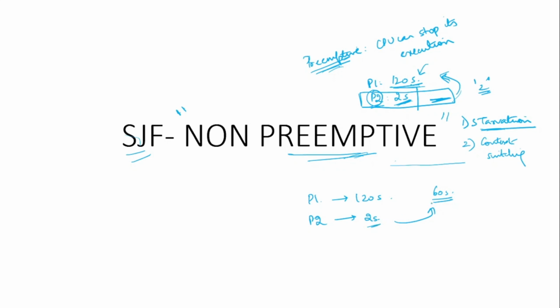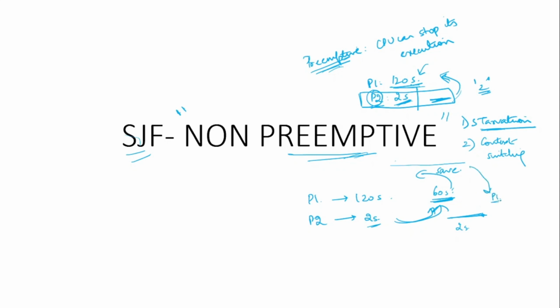Since P1 has already run for 60 seconds, I need to save the state of P1, load the state of P2, and now P2 will run for 2 seconds. After it completes its execution, I need to load the state of P1 again.